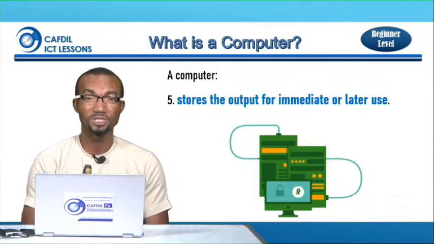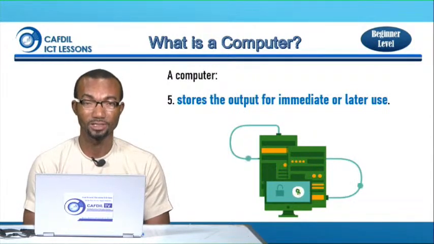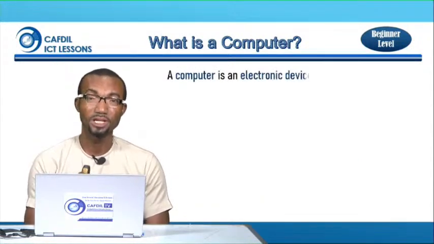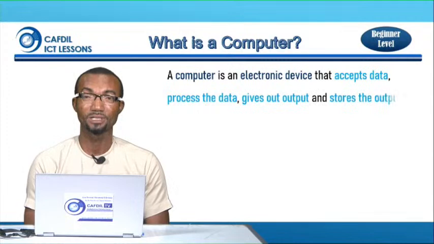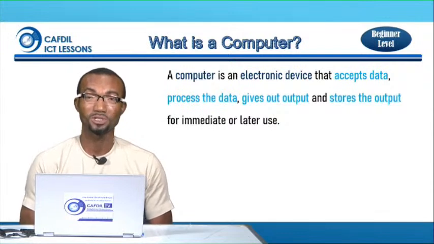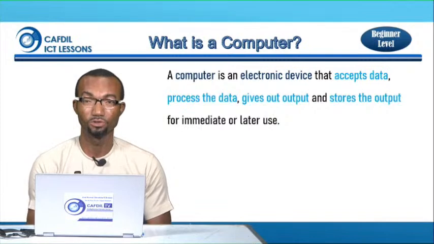So viewers, if we say that a device is a computer, it must be able to perform all these functions. Let's go over the definition again, looking at the key words. A computer is an electronic device that accepts data, processes the data, gives out output, and stores the output for immediate or later use.